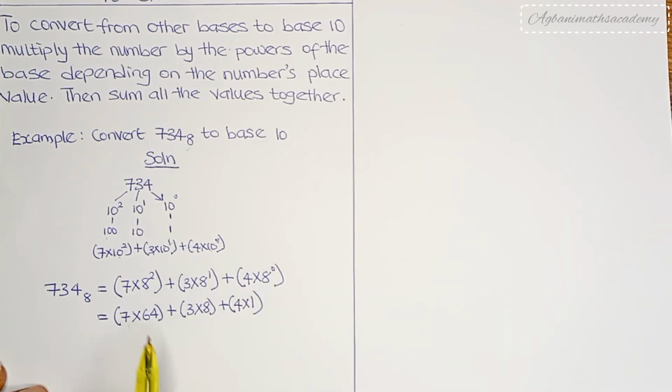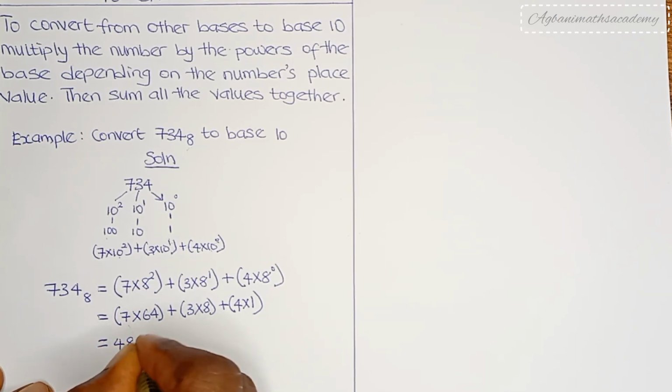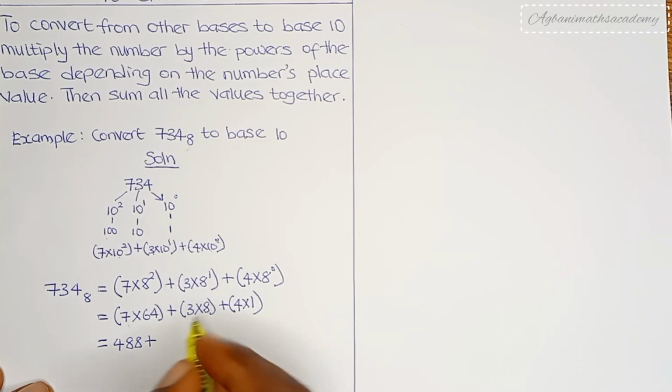Next, we are going to multiply to remove the brackets. So 7 multiplied by 64 is 448. So 448 plus 3 multiplied by 8 is 24, plus 4 multiplied by 1 is 4.